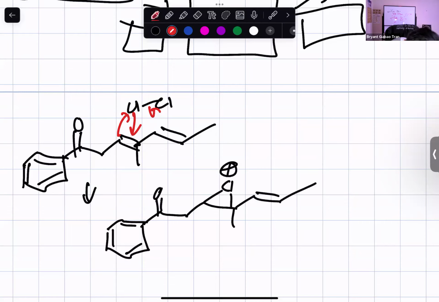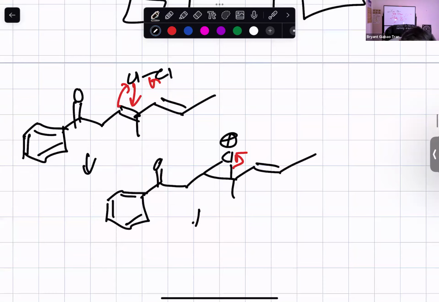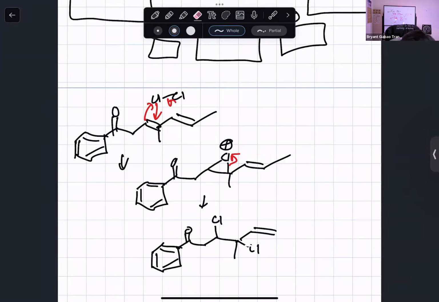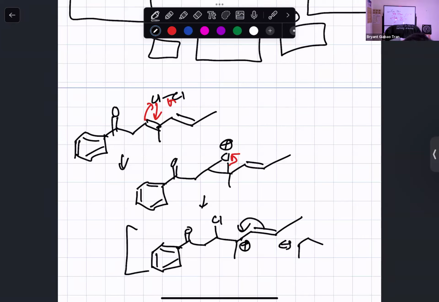Right, and then we're gonna make this carbocation over here, which is a tertiary allylic carbocation. Positive charge that can do resonance like this, giving us this best resonance set here.